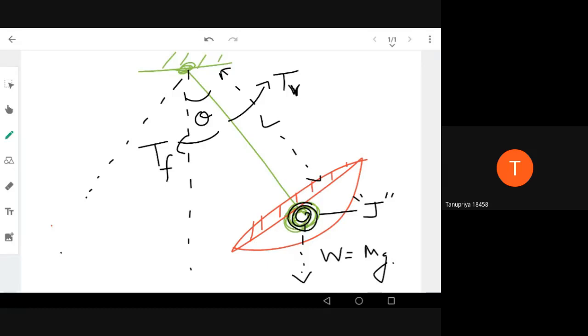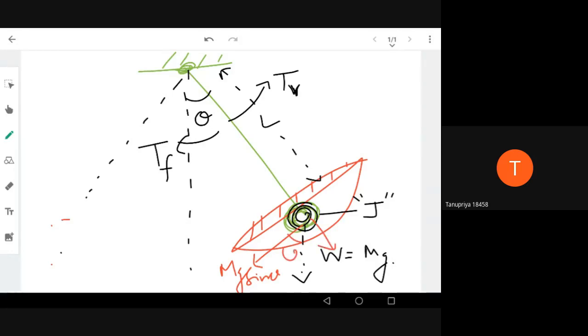Even weight we studied initially in plus one. The weight mg can be divided into two components, mg sine theta here. So there is a lot of modeling in mechanical systems also.